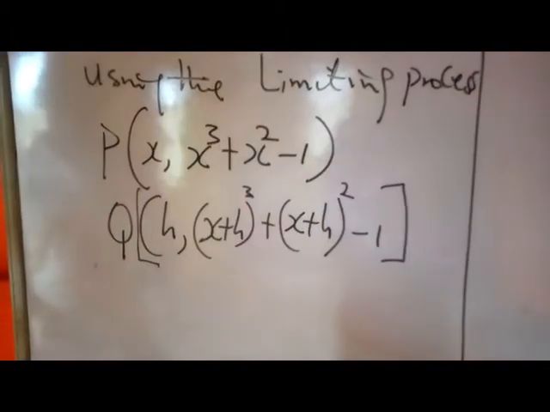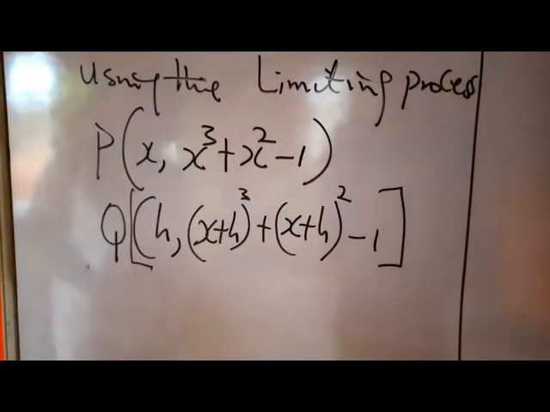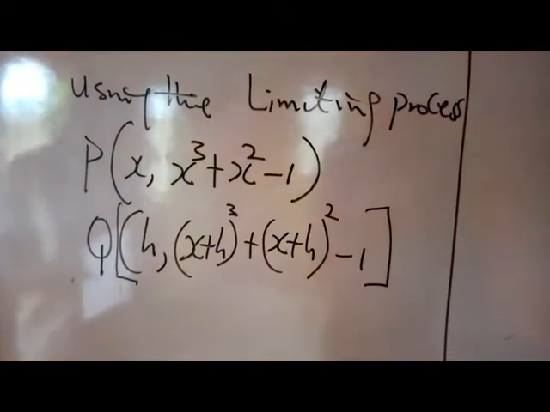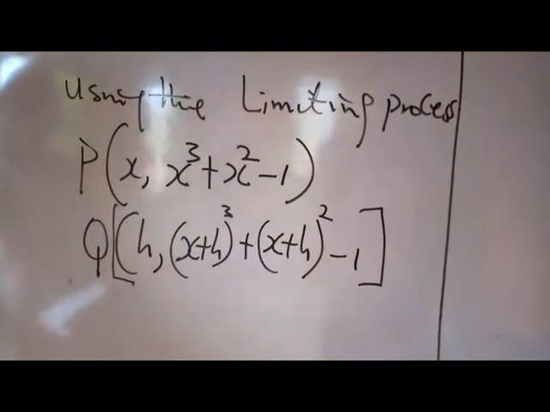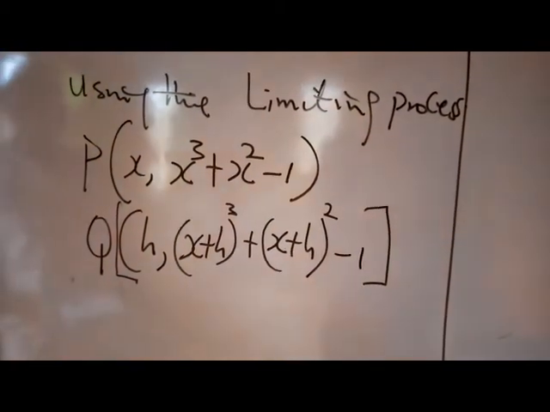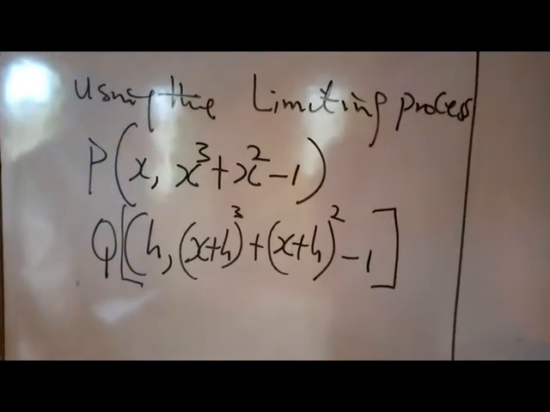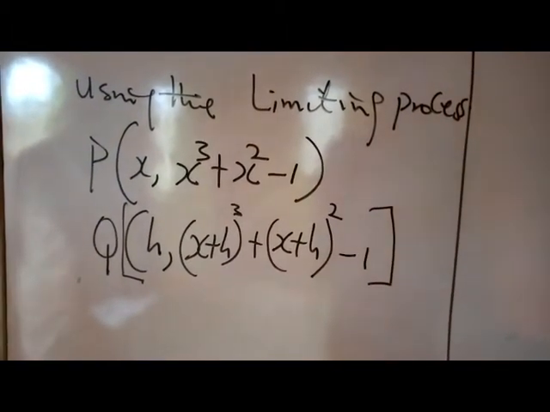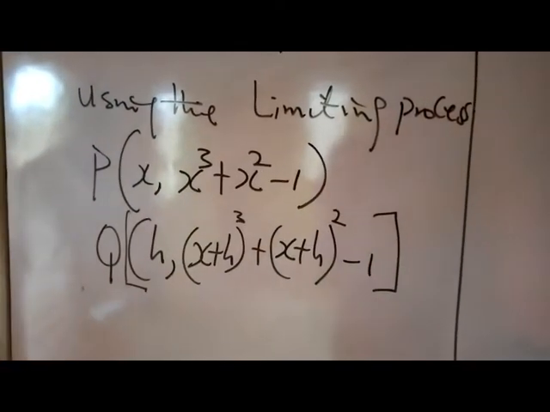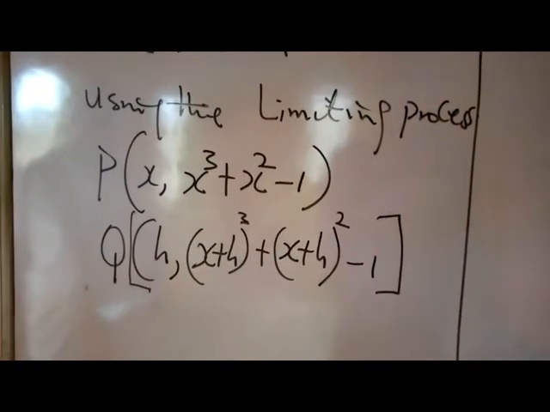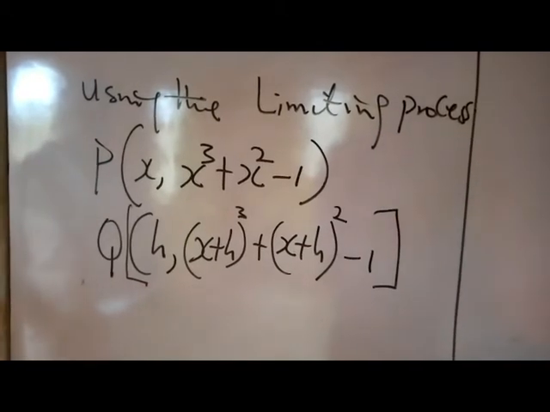So I will go over it again so that we look at what is before us. In the P coordinates x and y, we have x, and in the y coordinate, we have x raised to power 3 plus x raised to power 2 minus 1.